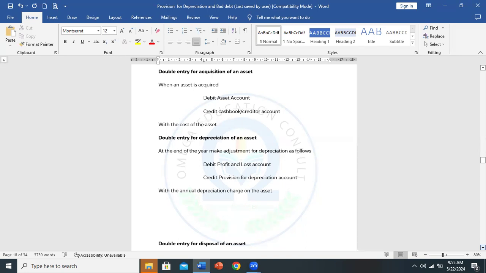But the key things I want you to always remember is, for the straight line method, the depreciation is fixed. It doesn't change. And you get the depreciation by multiplying the rate given on the cost of the asset. But for the reducing balance, you multiply the rate given on the net book value.